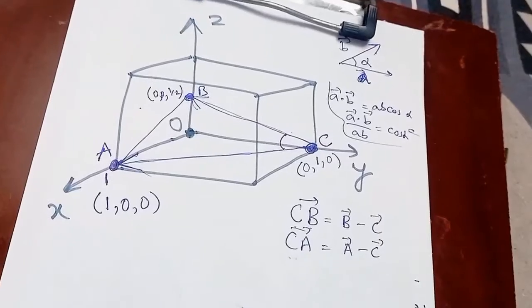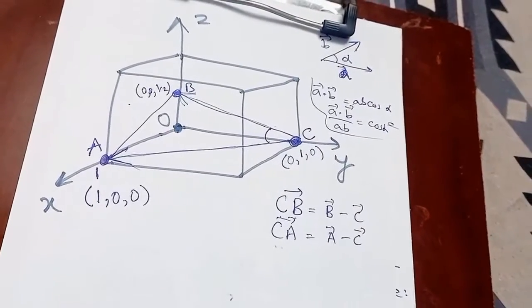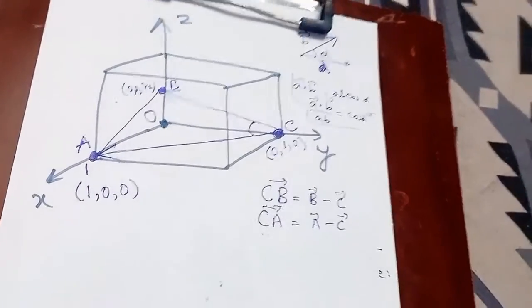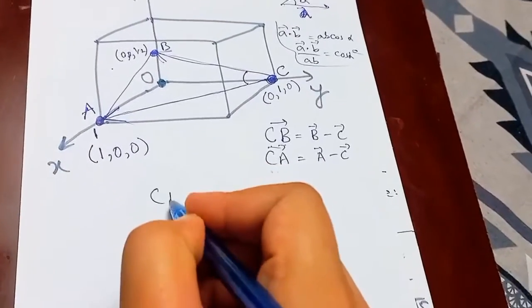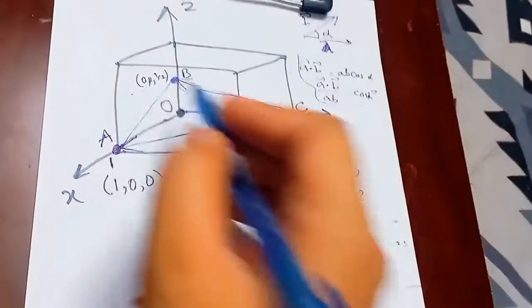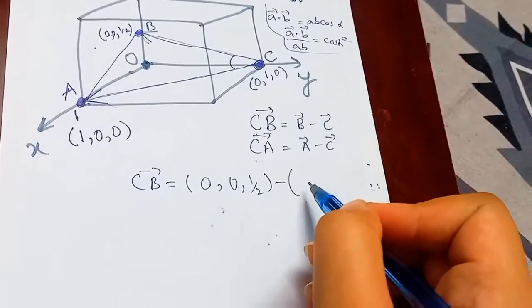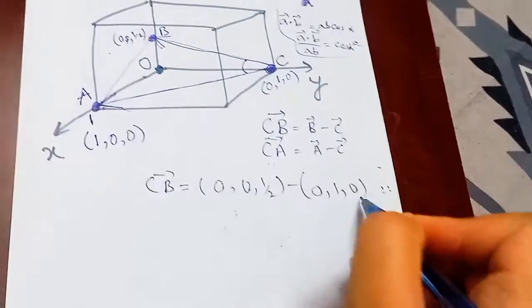If we write i hat, j hat and k hat with them, it will convert them into vectors, but we'll treat them in terms of coordinates here to make the process really direct. So B coordinates are this one 0 0 1/2 minus C coordinates, which is 0 1 0.